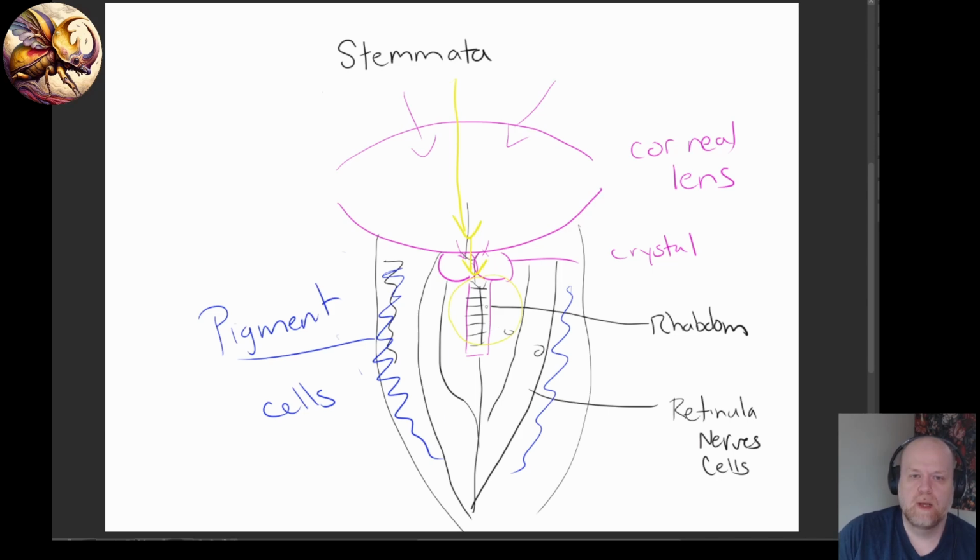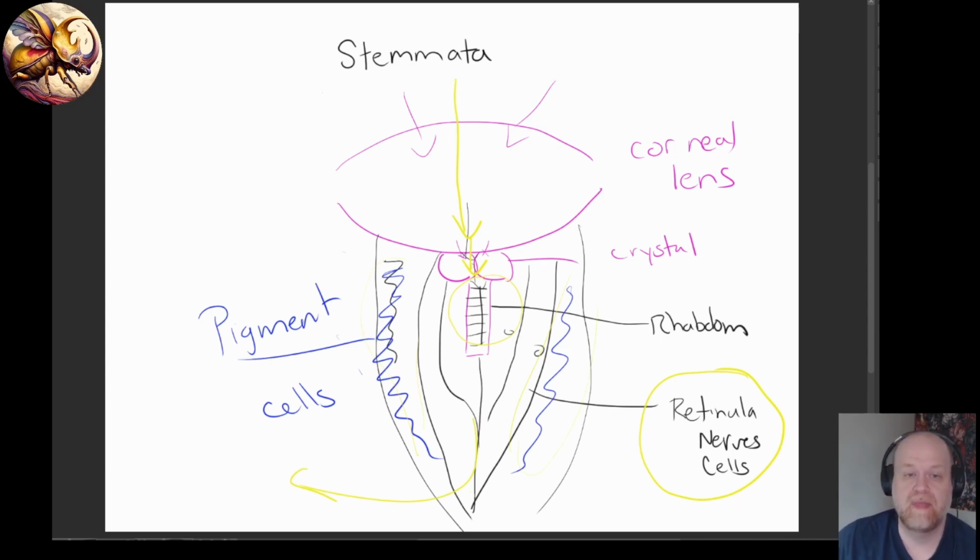The rhabdome becomes energized and distorted from its interaction with the light. The pigment can absorb some wavelengths of light and can't absorb others. And it causes an electric current to be generated in the retinula cells, the nerve cells, and that will go to the brain.